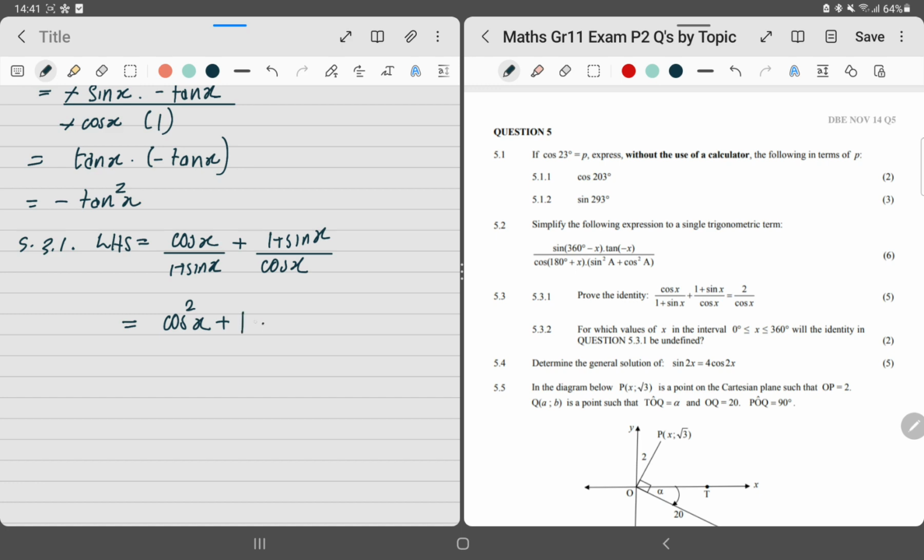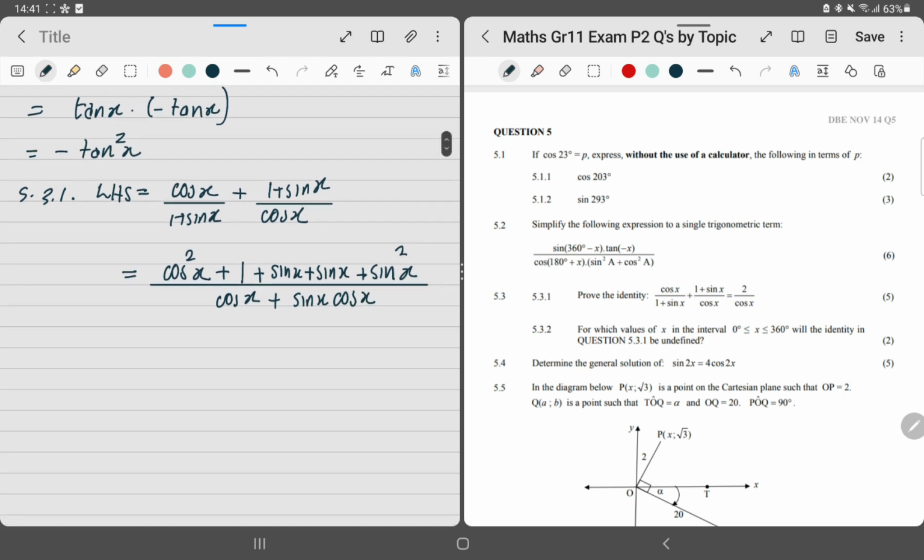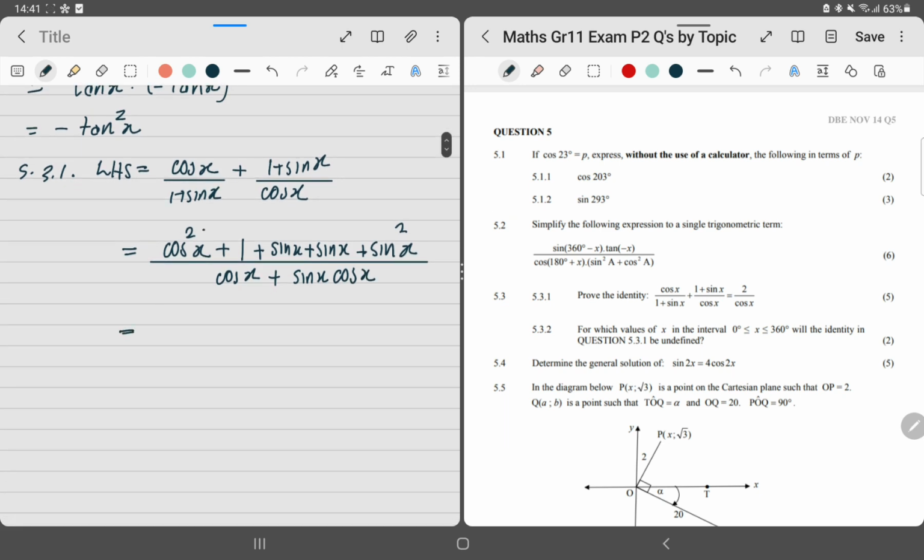This will be 1 plus sine x plus sine x plus sine squared x. 1 times cos, that's cos x, plus sine x cos x. And then this and that will give you a 1. So that's 1 plus 1 plus 2 sine x.